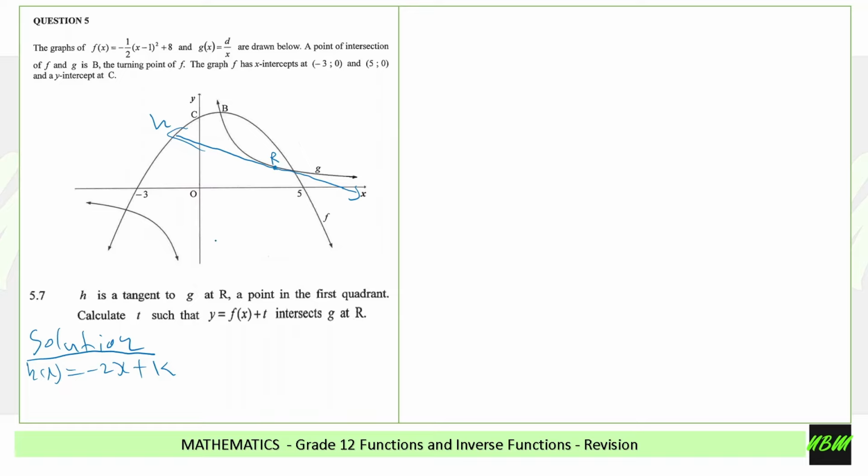When we draw the graph of h when k is equal to 8, we are going to get roughly this blue graph. And when we draw the graph of h when k is equal to minus 8, we will roughly get this red graph.